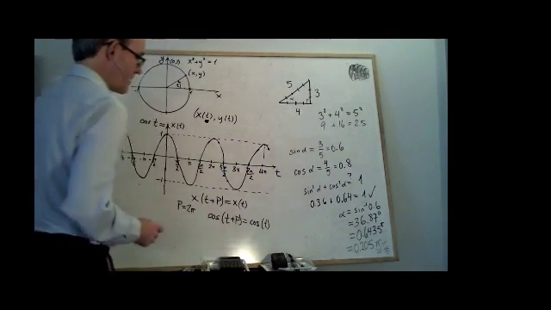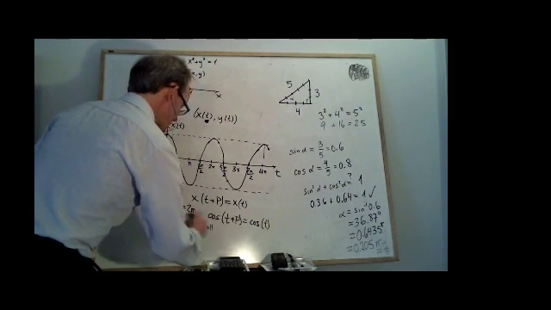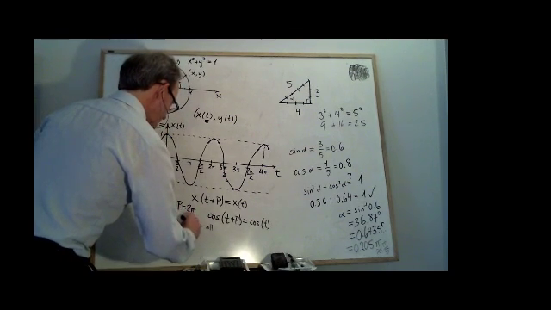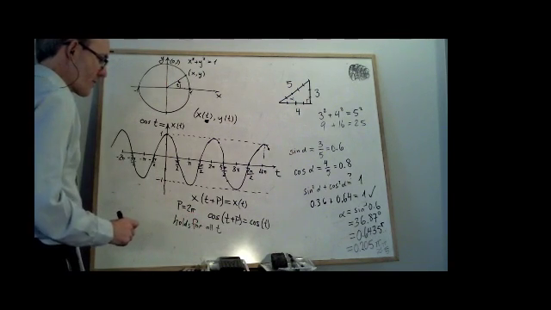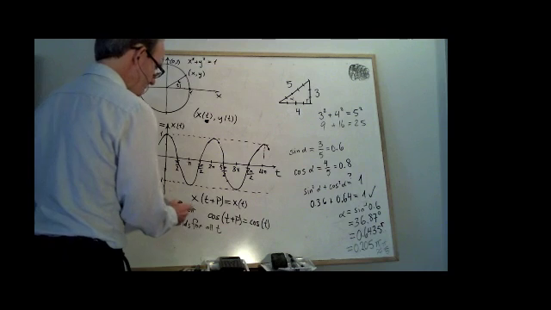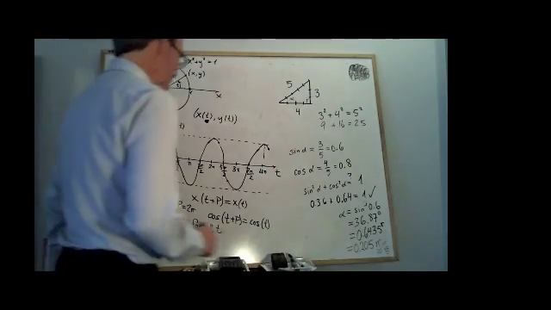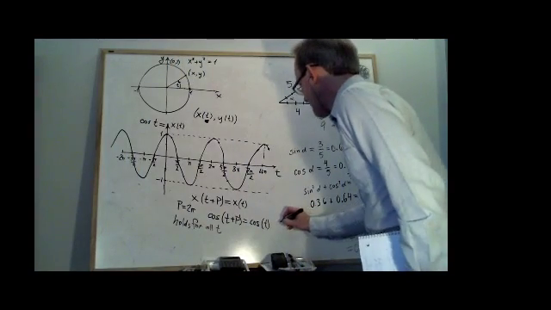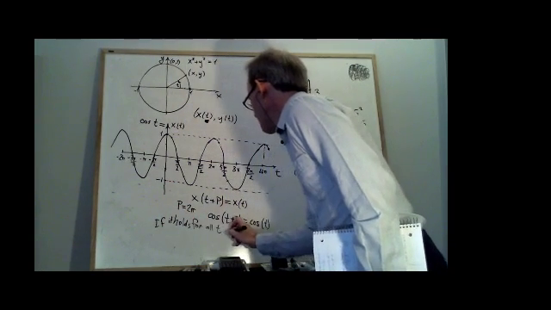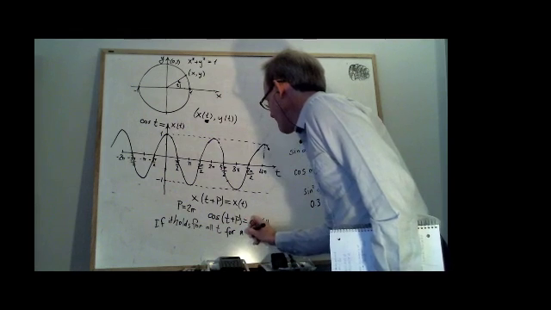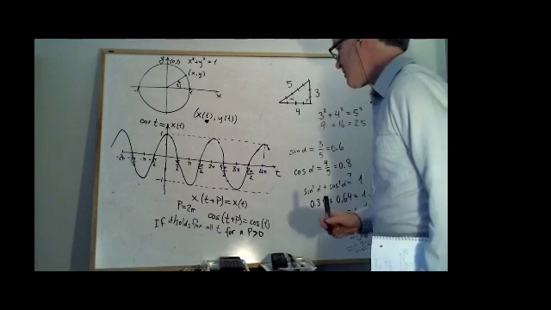So this equation holds for all times t, for a particular value of p. And if this holds for a value p that's positive, then this function is said to be periodic.